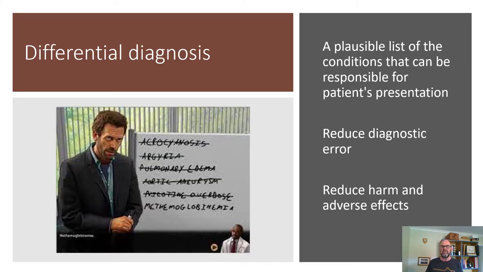To reiterate the point from the previous slides, differential diagnosis is a list of plausible conditions that can be attributed to the signs and symptoms that are exhibited by a patient. These lists can be large and unrealistic to manage, but the way forward is with top-down thinking and excluding or recognising those conditions that are associated with increased morbidity or mortality.